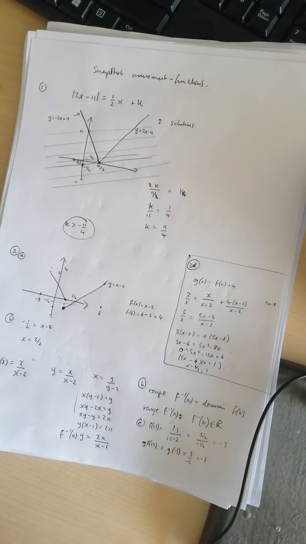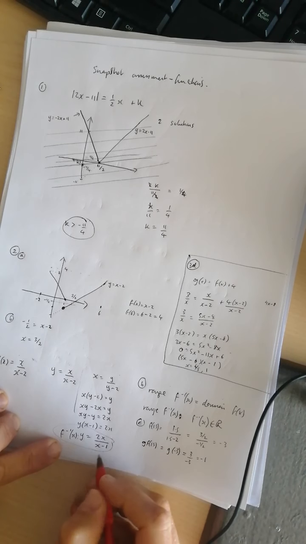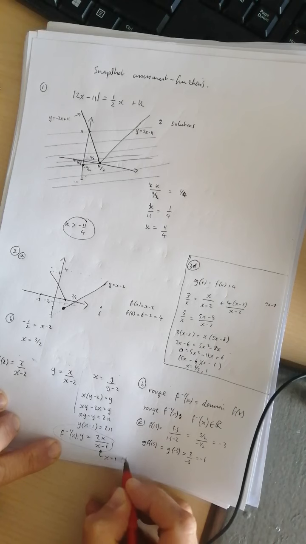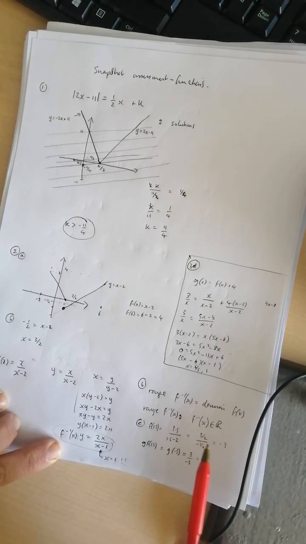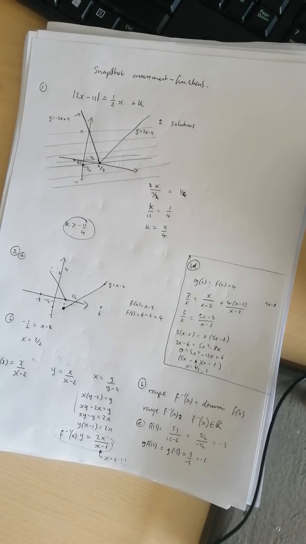Okay, I've just gone and checked my answers. There's one little thing I've overlooked here. We can't have x equal to 1, that's a real problem. We can't divide by 0, right? So we need to include that into the range.